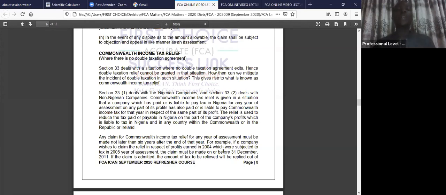So when you see Commonwealth income tax and all that, you know the Commonwealth principle is coming into play. So what do you do in this situation? One, it is only for Nigerian companies, yes?